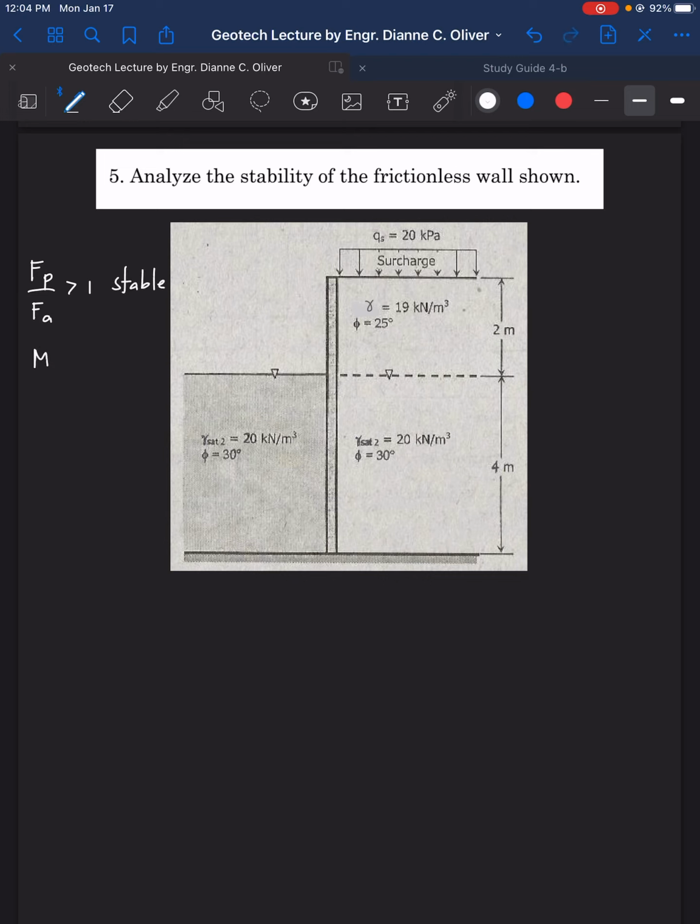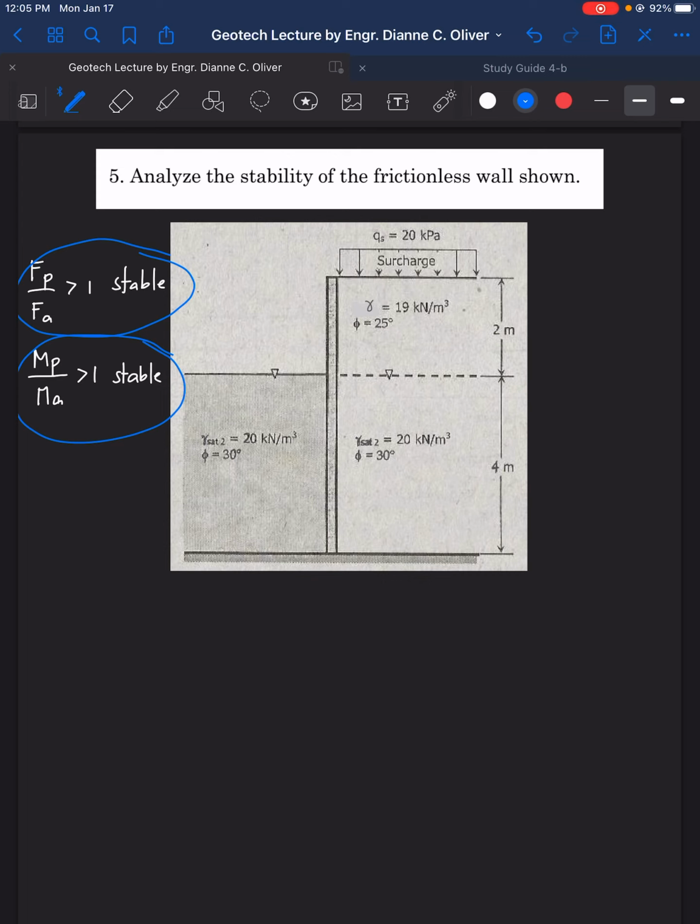Same is true for the moment. If the passive moment is greater than the active moment, or the ratio of the passive moment over the active moment is greater than 1, therefore the structure is stable. Now, for this whole structure to be stable, we must satisfy both criteria.